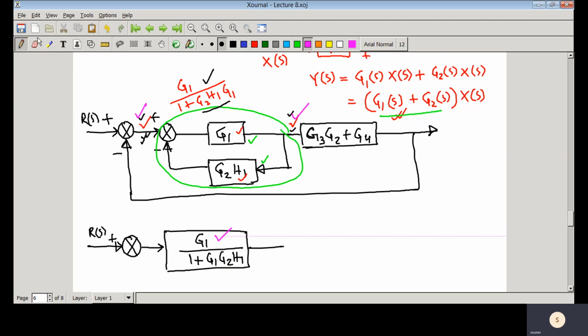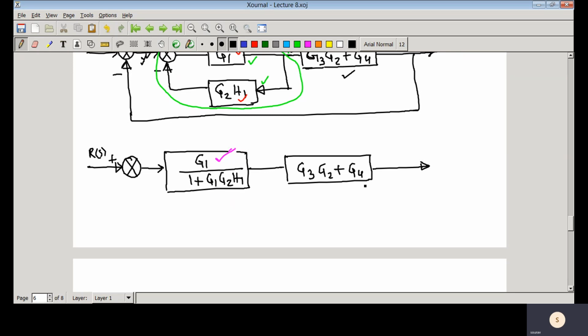Now you can see that the rest of the part, that is this particular transfer function, that is G3 G2 plus G4, this one. So now this is that block diagram, and close this particular feedback path, so you have that negative sign.